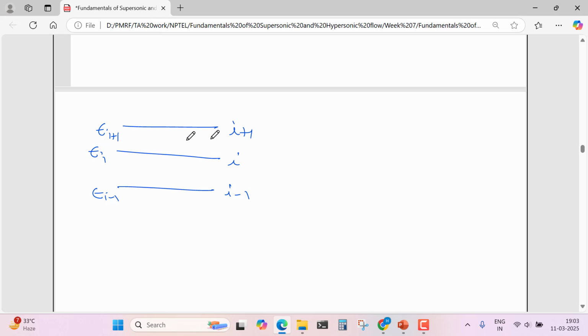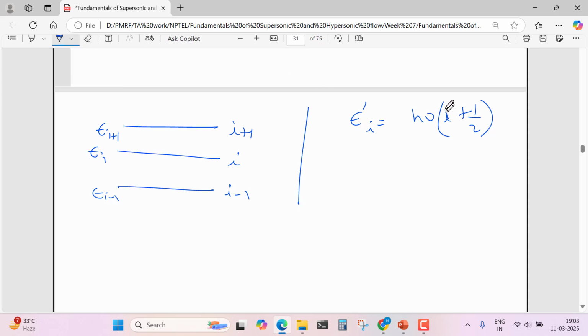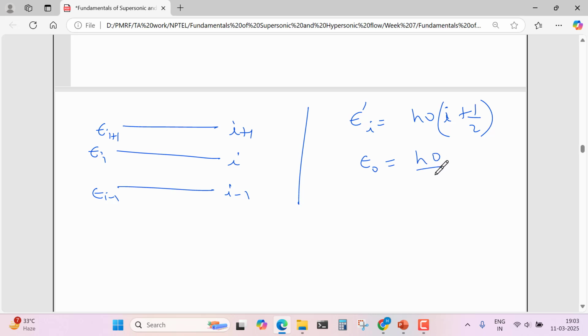Before that, one thing I will note: the energy of a level is given by epsilon dash I equal to h nu (I plus 1 by 2), and its zero level energy is given by h nu by 2.